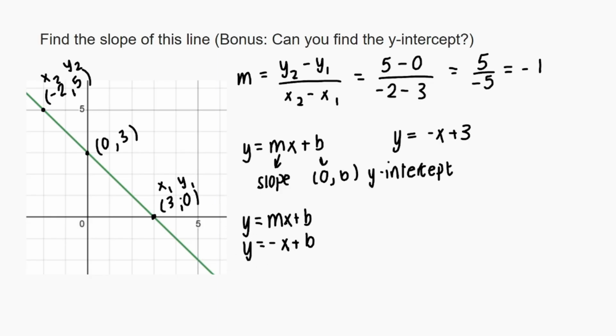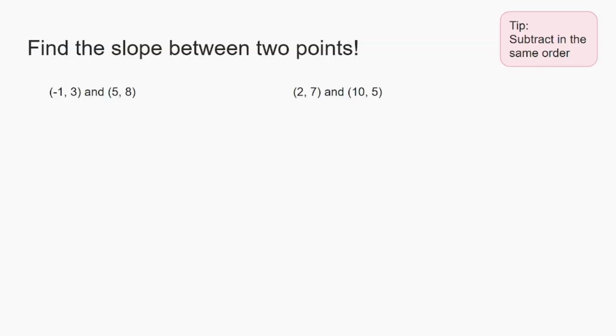So we can choose any of these 3 points to plug in our values and get b. But for fun, why don't we just do -2, 5 as our point. So we could have y as 5 and x as -2 plus b. So we have 5 equals 2 plus b. So b ends up being 3. So we know that the total line is y equals -x plus 3.